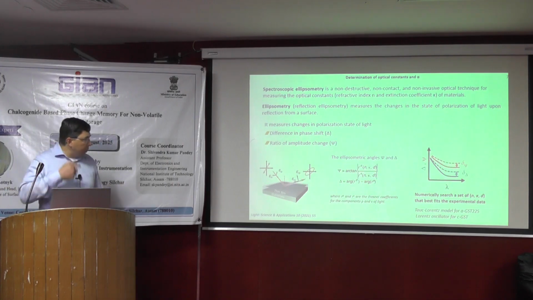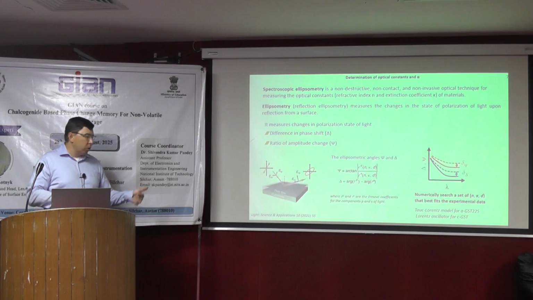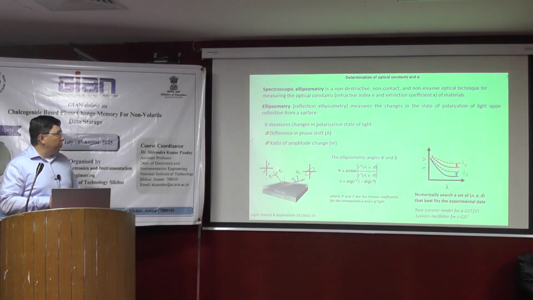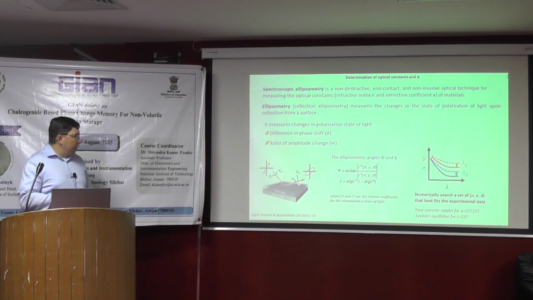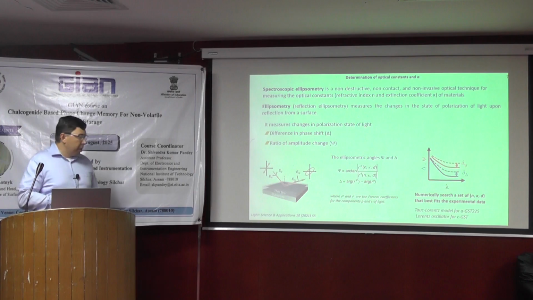If you again illuminate your thin film or your system with light, it can change its polarization, it can rotate, and so the two components Ep and Es can change their direction. Like in this case, this is parallel, this is perpendicular to the light, and now after changing, it rotates, and now this is parallel and this is perpendicular.